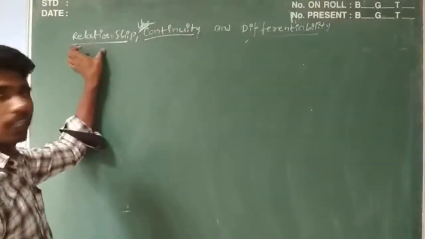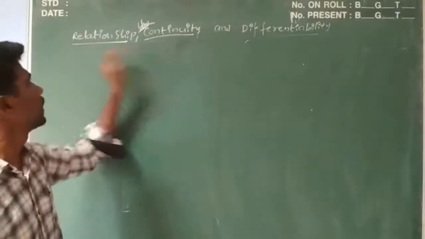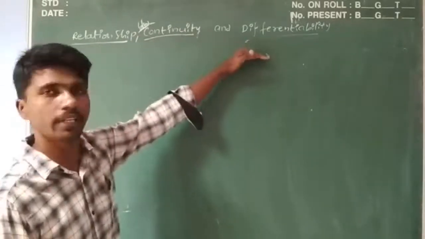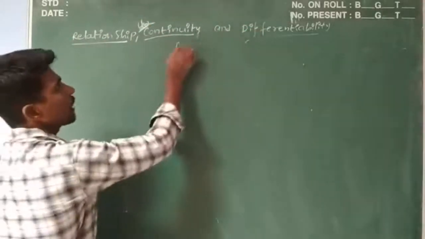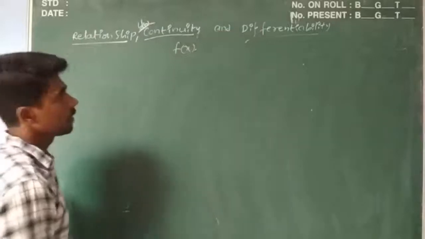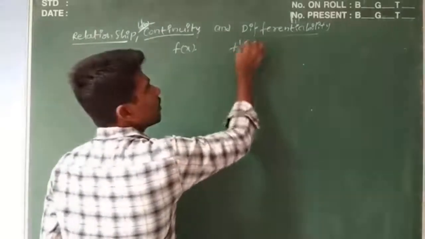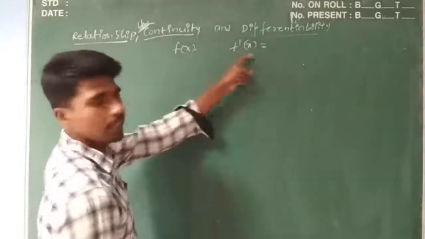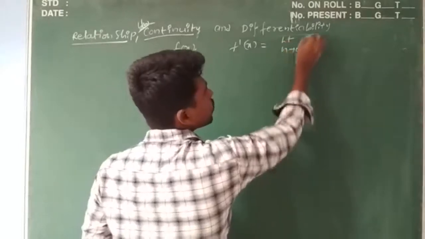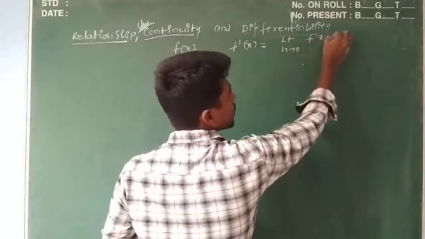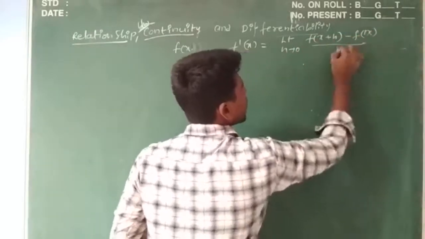The relationship between differentiability and continuity. The relationship between continuity and differentiability, nothing but differentiability and continuity. So if we have a function f of x, by the definition, the derivative of f of x is given by f dash of x, which is equal to limit h tending to 0, f of x plus h minus f of x by h.